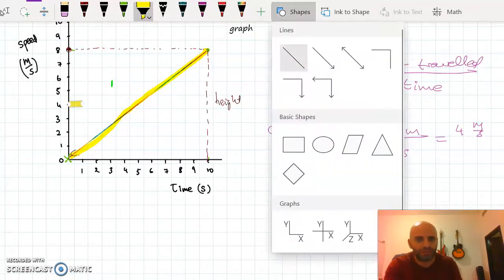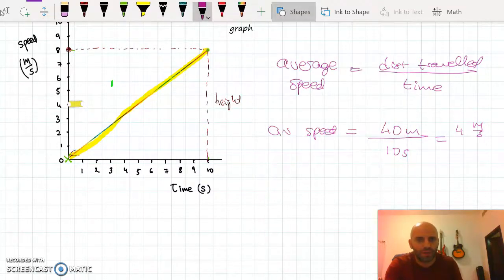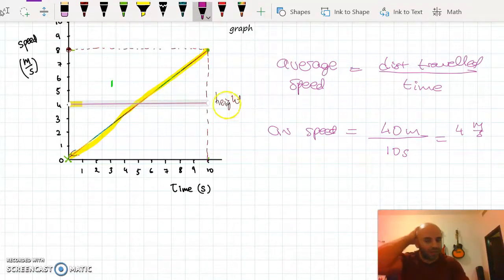Apologies. So I need to be at 4 meters per second. And again, apologies, my graph is not completely lined up, but you can see that I'm at the 4 meters per second mark. It's completely horizontal, and it's as though the object was doing that constant speed for the entire time.